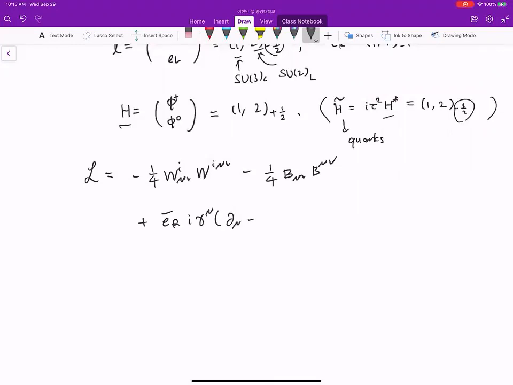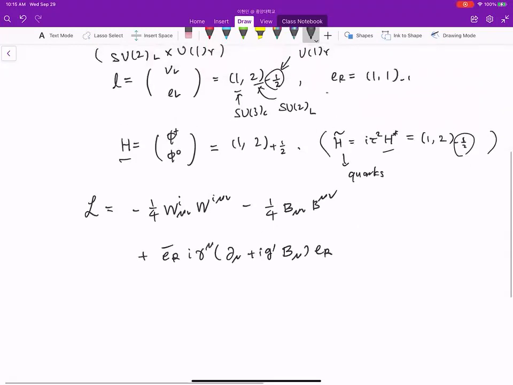In this case, we are using the 4-component notation. So the lepton singlet couples to hypercharge only. So this hypercharge with a +1, so -1 charge.